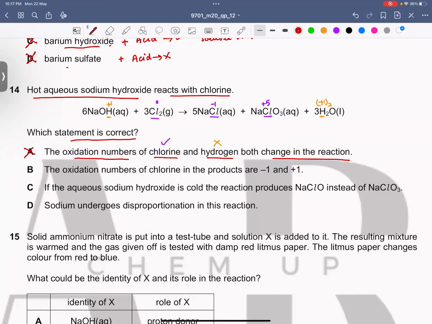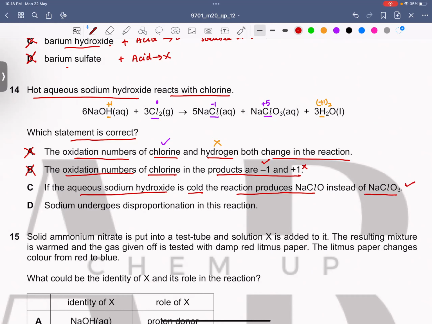Now, option B: the oxidation number of chlorine in the products are -1 and +1. No, we have figured it out that one chlorine is -1 and the other chlorine is +5. So option B is also wrong. Now, C: if aqueous sodium hydroxide is cold, the reaction produces NaClO instead of NaClO3. If you look at this statement, this is correct, but we have to further assure whether our D statement is correct or wrong.